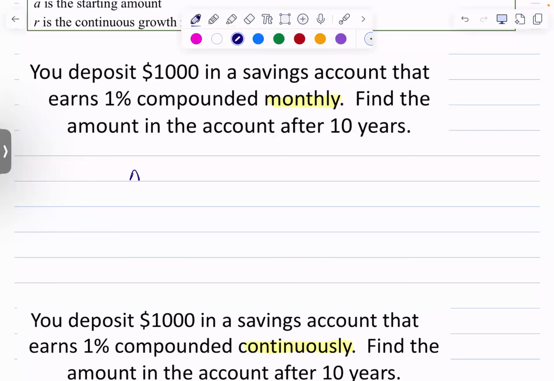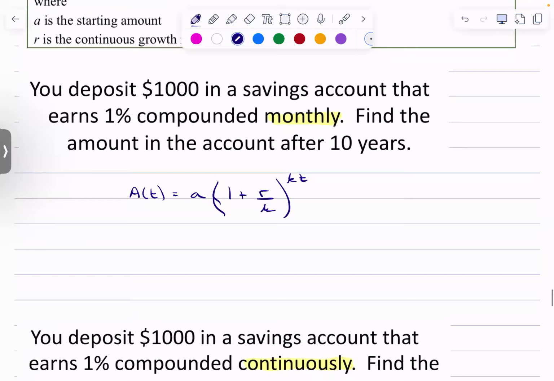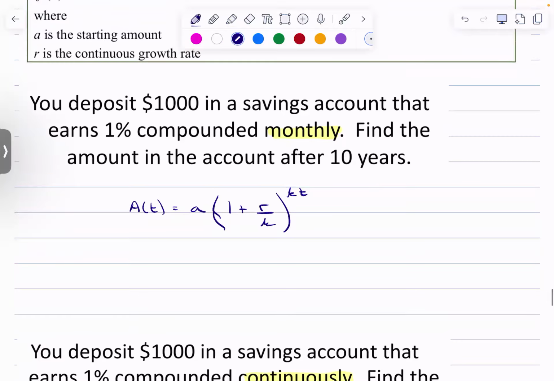We have A of t is A times 1 plus R over K to the power of K times T from our formula. We're told that the initial investment is 1,000, that R is 0.01, and we're compounding monthly, which means that our K is going to be 12.